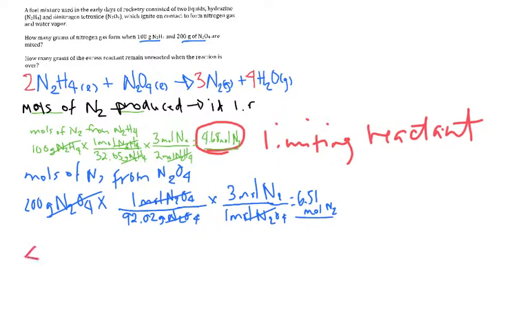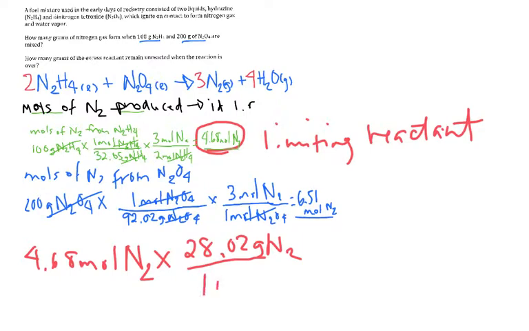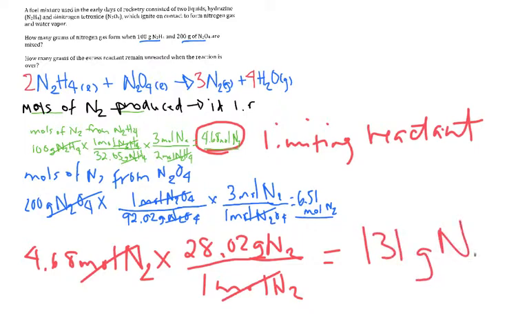So if we have 4.68 moles of nitrogen gas, we can look up the molecular weight of nitrogen gas. It's 28.02 grams N2 for every 1 mole of N2. And moles cancel out. We have 131 grams of N2. So that's how much can theoretically be produced.